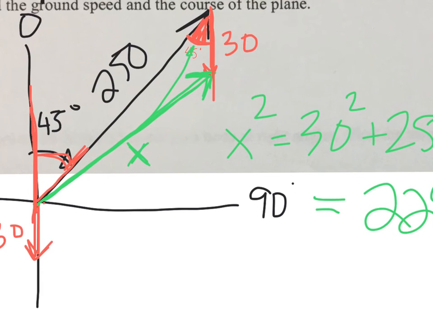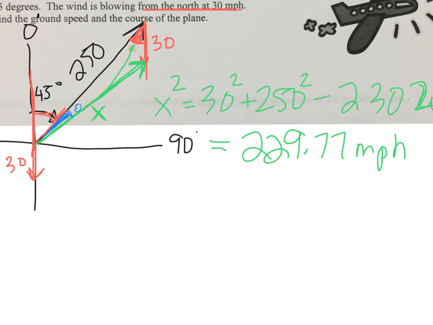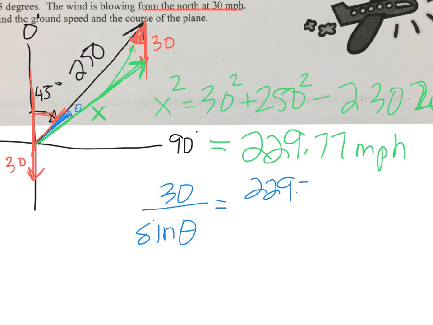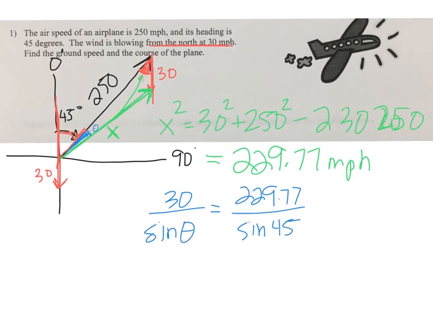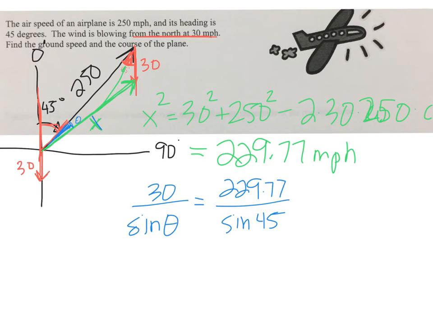So now to find the course of the plane, we're going to use the law of sines and figure out what this little angle is right here. So 30 over the sine of that angle, we always use the opposite side, equals 229.77 over the sine of 45, because this x side, the resultant, was opposite 45.